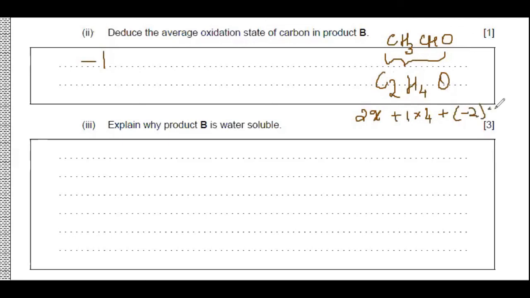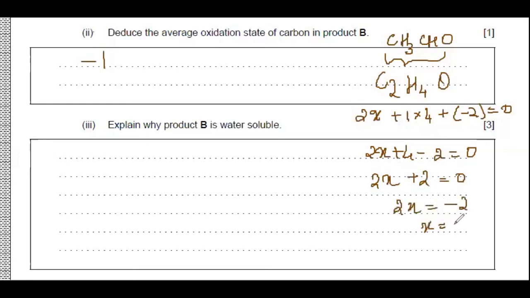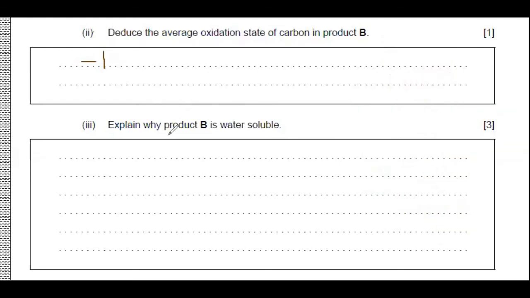Overall charge of the molecule is 0. So we get 2x plus 4 minus 2 is equal to 0. 2x plus 2 is equal to 0, 2x is equal to minus 2, or x will be equal to minus 1. So either way you do it, you'll get the same oxidation state for carbon.